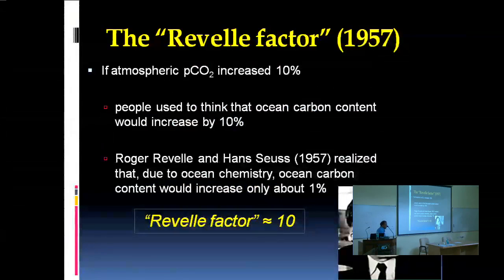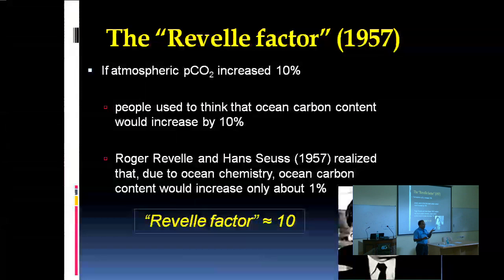Now, there is another factor called the Revelle factor. People used to think, if you increase atmospheric CO2 concentration by 10%, you should be able to also increase the ocean carbon content by 10%, because ocean and atmosphere are in equilibrium.